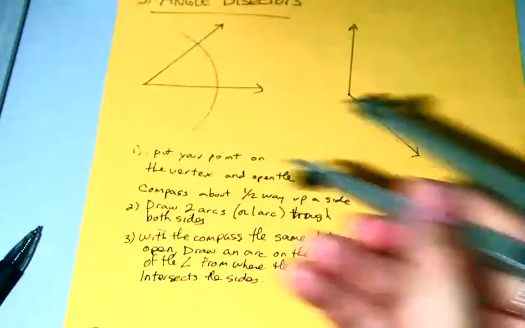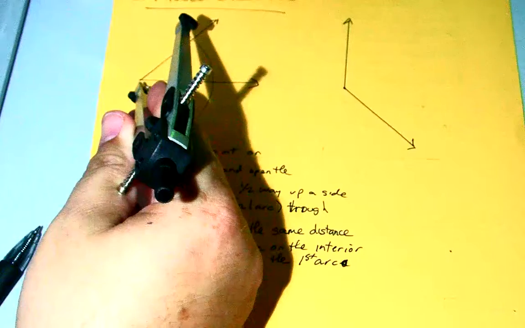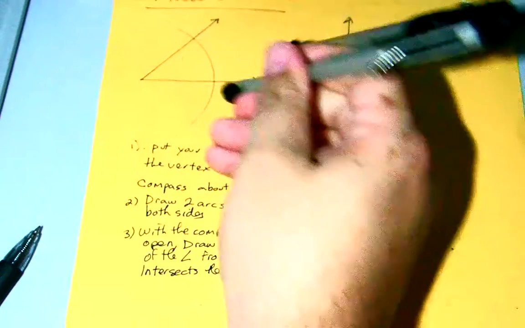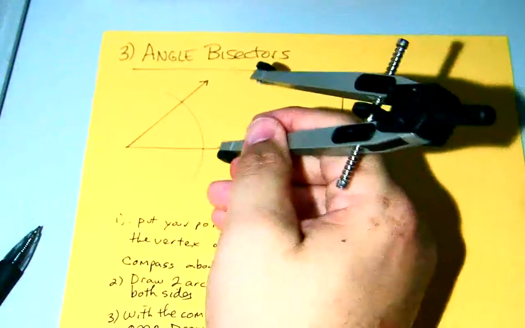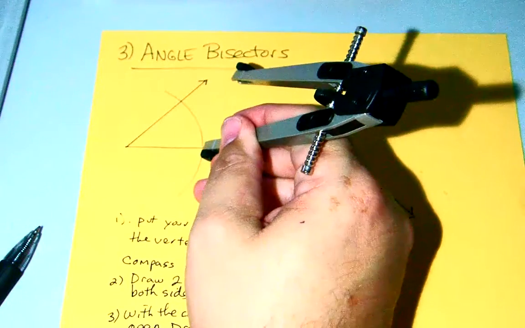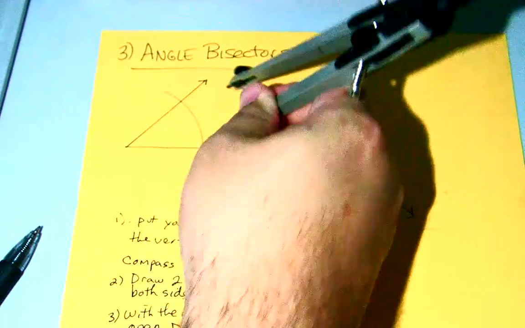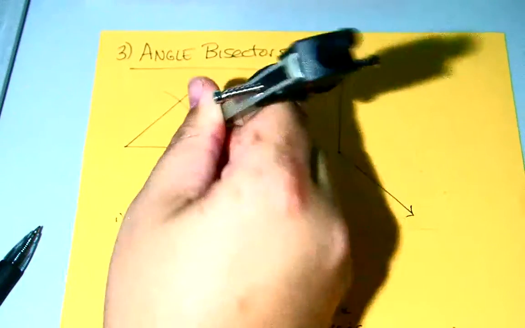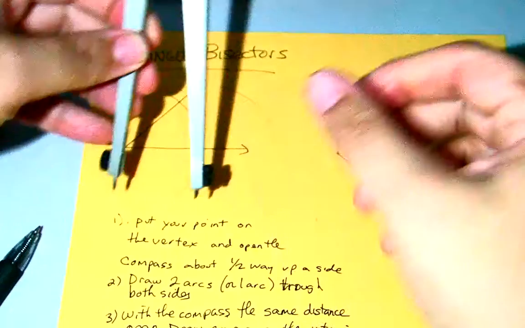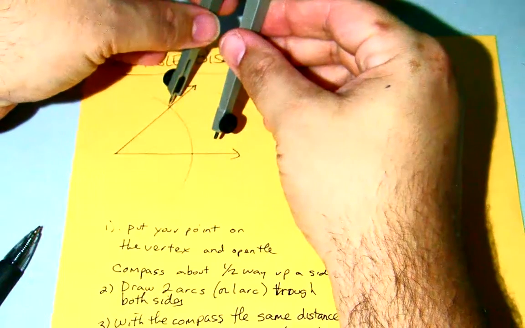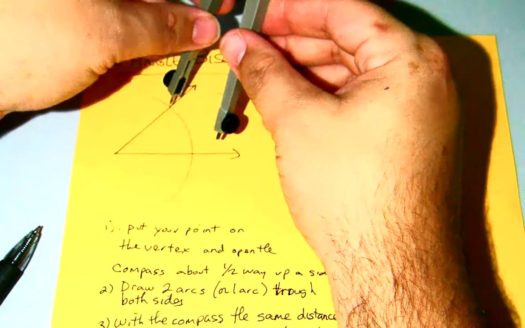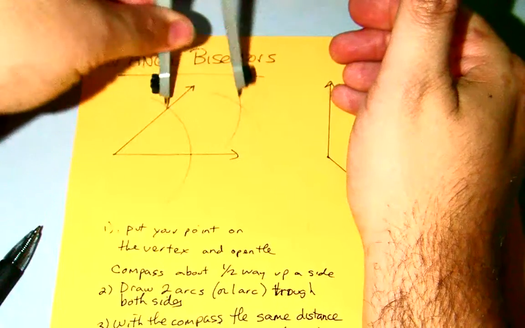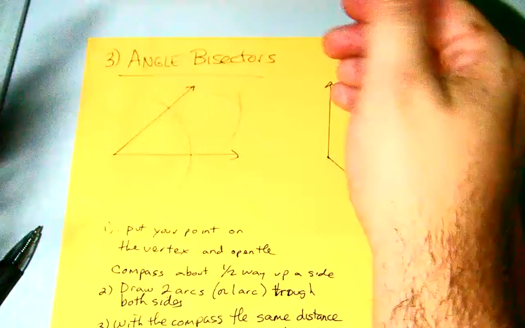Alright, so I started here, I drew one arc. And now I kept my compass open the same distance. What I'm going to do is jump up to this point and draw an arc on the interior of the angle. And I'm going to jump up to this point, not changing the distance that it's open, and draw another arc here. I want the two arcs to intersect.